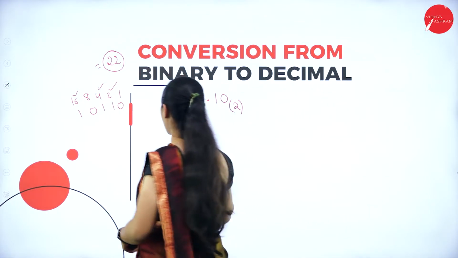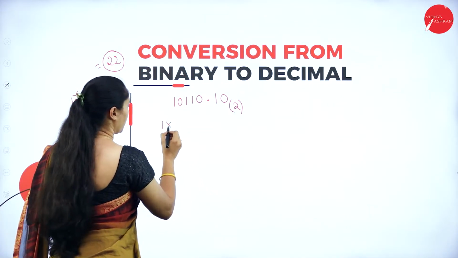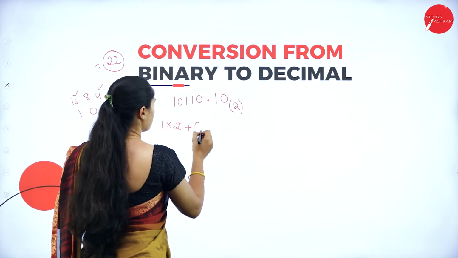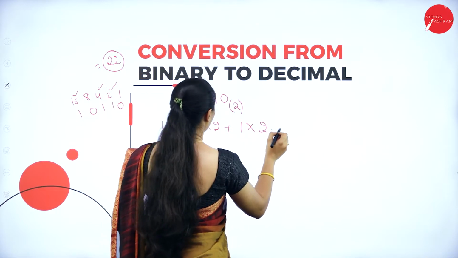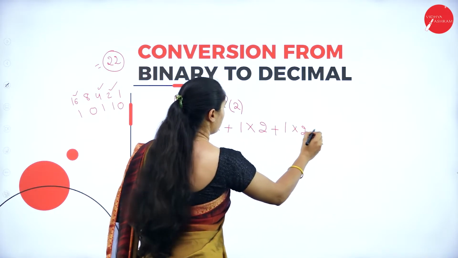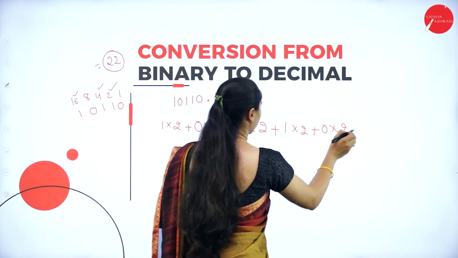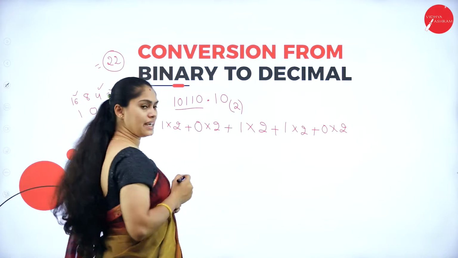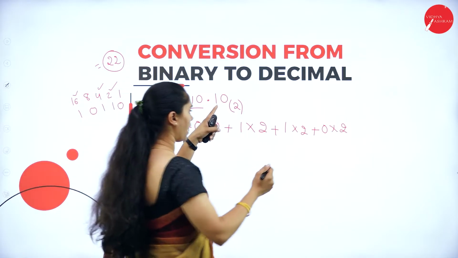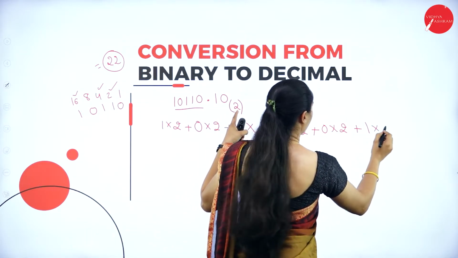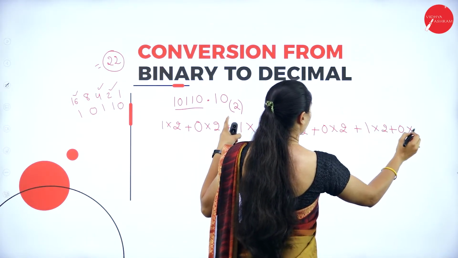Now, let me start by writing 1 into 2 plus 0 into 2 plus 1 into 2 plus 1 into 2 plus 0 into 2. This is up to my integral part. Next, what do we have? 1 and 0. How am I supposed to write that? Same thing. 1 into 2 plus 0 into 2.